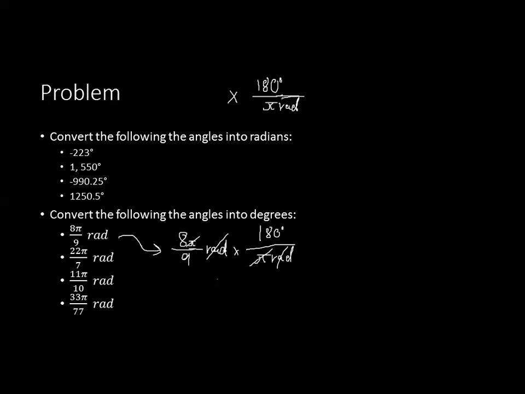Then 9 and 180 degrees are both divisible by 9. 9 divided by 9 is 1, and 180 degrees divided by 9 is 20 degrees. So you have 8 over 1 times 20 degrees over 1. The answer here would be 160 degrees. That's the answer for the first one.